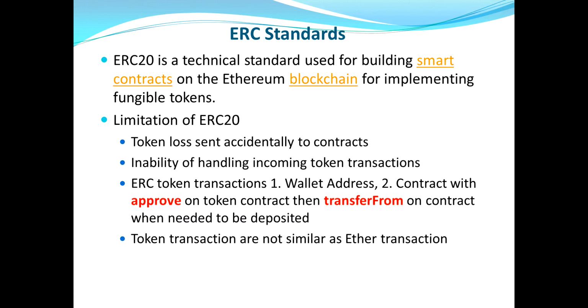In ERC20 we have two functions or methods which need to be called: first approve, then transferFrom, through which those tokens get stored or deposited within a contract, right? If the contract is functionally able to handle that, then it's fine. If it is not, then those tokens will be lost, right?